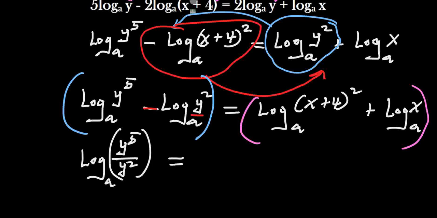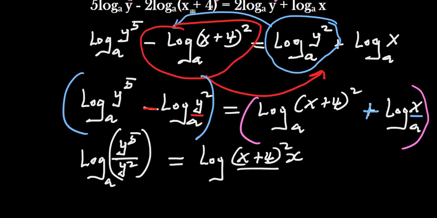So this will become log (x plus 4) squared, and because we have a positive sign over here, we are going to multiply the whole of this by x. So we can simply bring the x over here. Since we are multiplying, just leave it here, and all of these to base a.